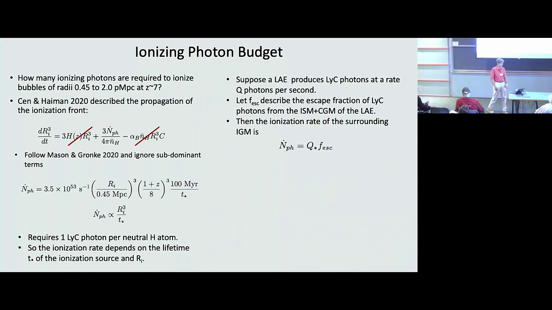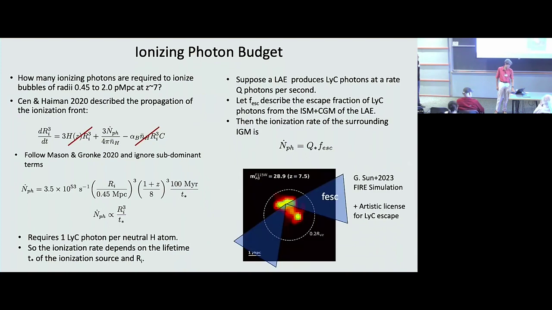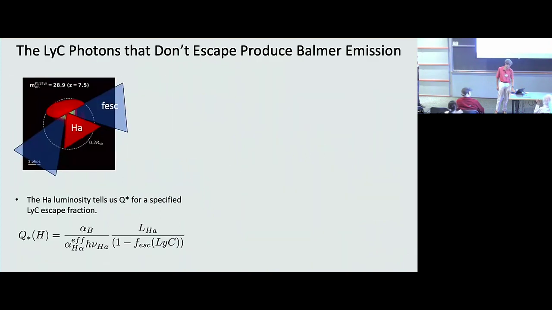So in other words, we've got an ionization rate of the IGM that's equal to the production rate of ionizing photons by the stars times the Lyman continuum escape fraction, maybe some picture like this. But that rate of production of ionizing photons, we can calculate from the H alpha luminosity if we account for the fact that only the photons that didn't escape are absorbed.